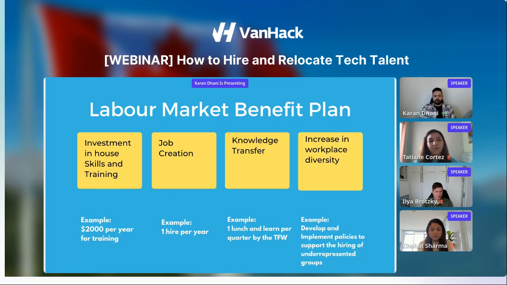A couple of them that I would consider almost mandatory would be the investment in in-house skills and training. It's a commitment where you have a couple of options. You can have some paid training per year for your staff. I'll use the example of bringing in just one foreign worker.